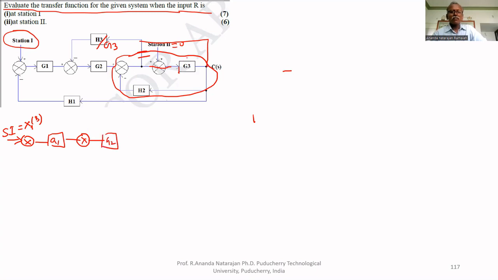If you simplify this circled part, you will get G3. This is negative feedback. Therefore, we can write G3 divided by 1 plus G3 H2. This is C of S.